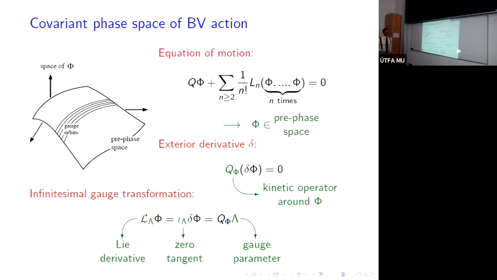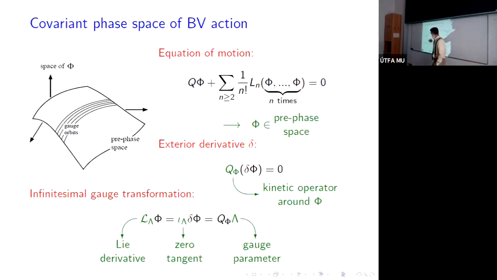The classical equations of motion look like this: you basically have some kinetic operator on the field and then a bunch of interactions, and this sum should add to zero. If you have a field phi which satisfies these equations of motion in the PV field theory, then this phi is said to be in what's called the pre-phase space. So the pre-phase space is just the space of classical solutions.